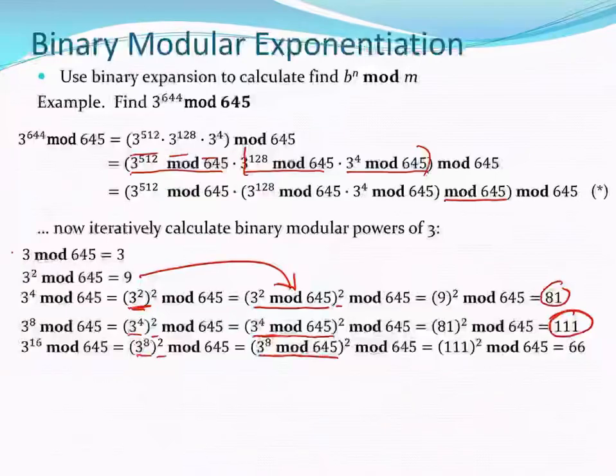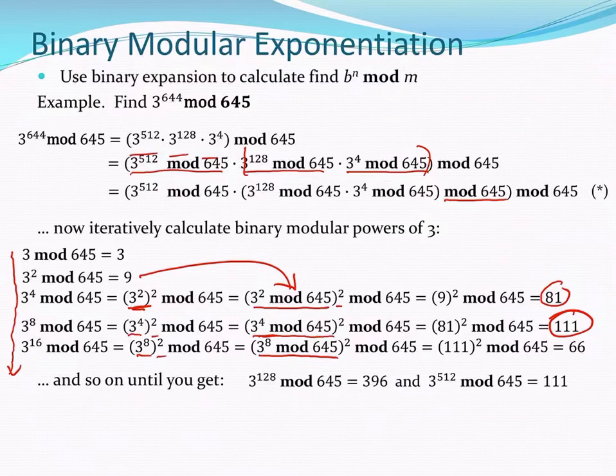And that way we build up all the powers of 2 that we need, and so on until you get 3 to the 128 mod 645 is 396, and 3 to the 512 mod 645 is 111. And notice that often this table of values will repeat as you get higher and higher.